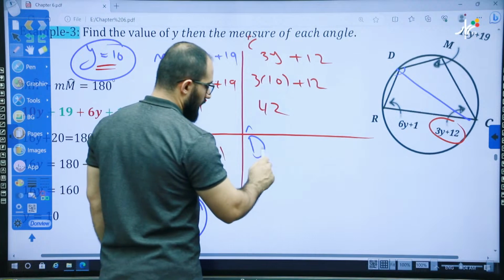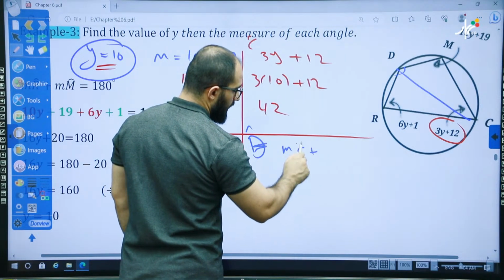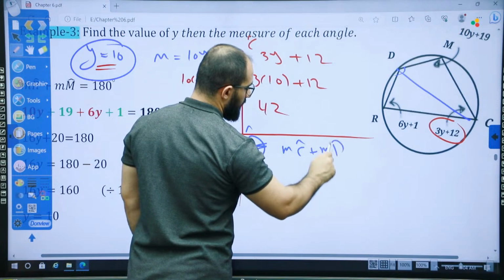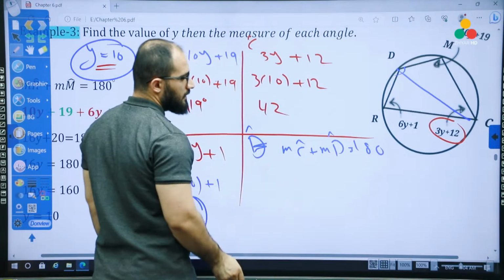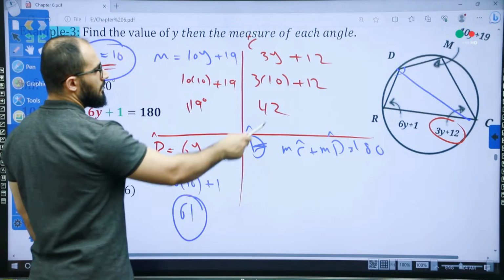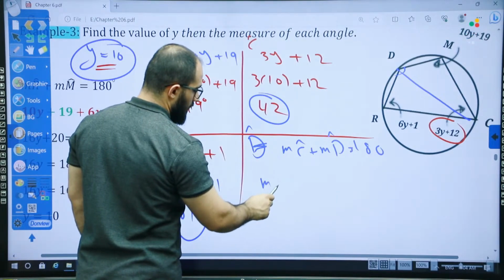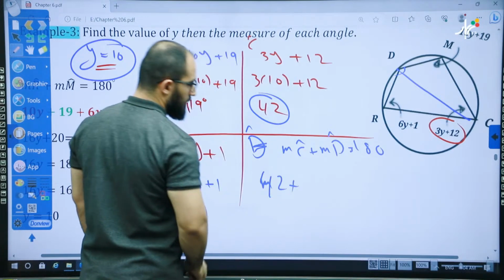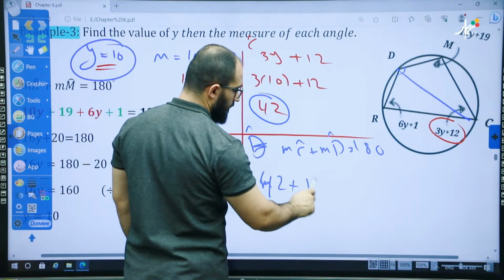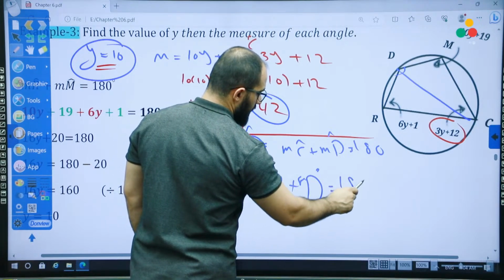It means measure of c plus measure of d is equal to 180. What was the measure of c? 42. So measure of c is 42, plus measure of d is equal to 180.